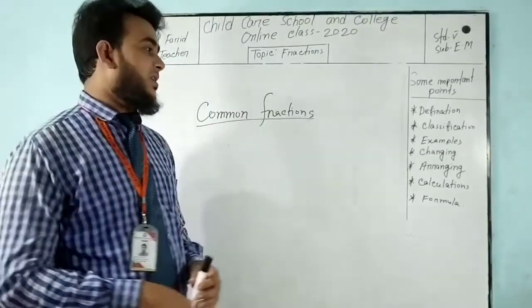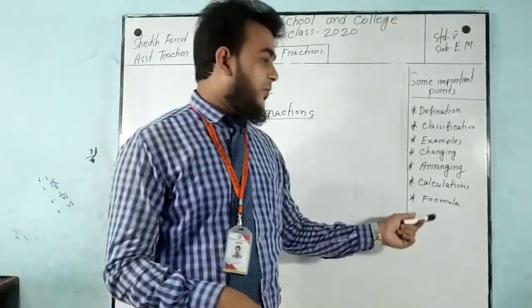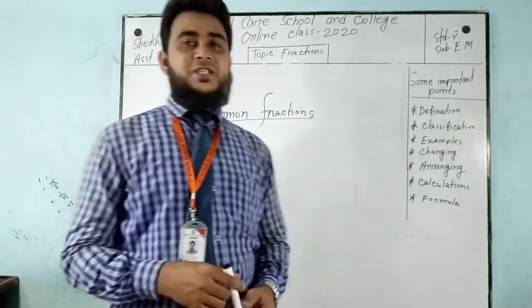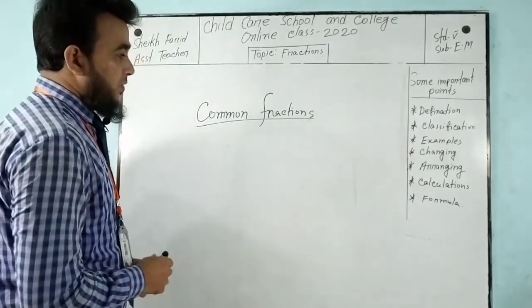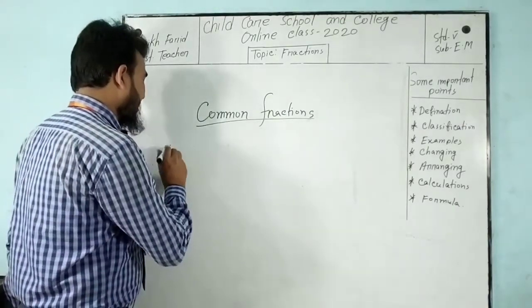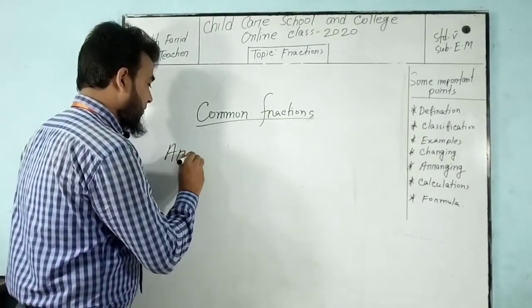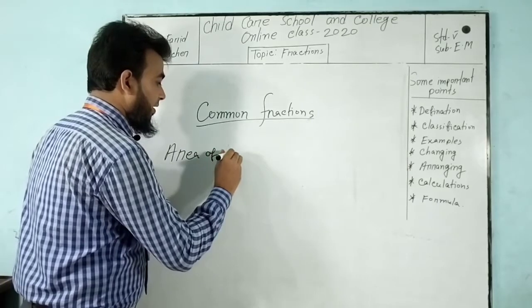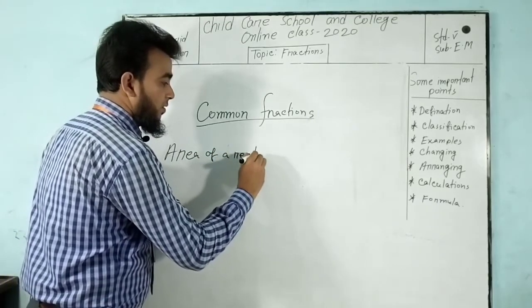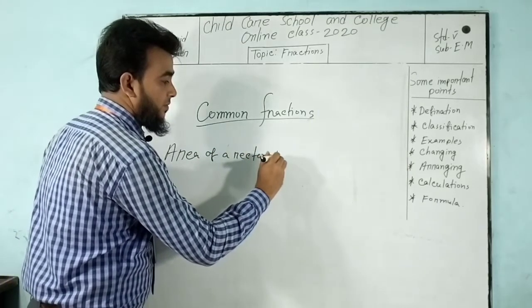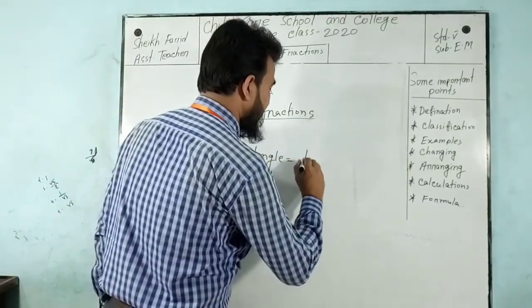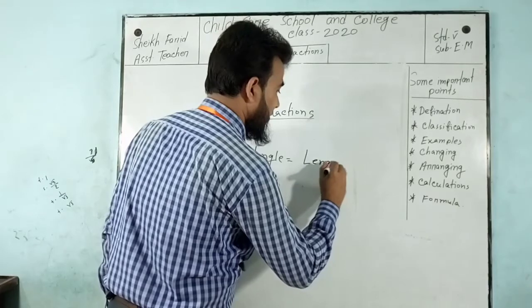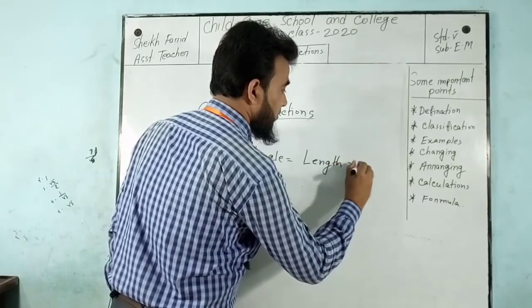Dear learners, my last point is a formula. You know that in a textbook there is a formula for the area of a rectangle, and it is length into width.